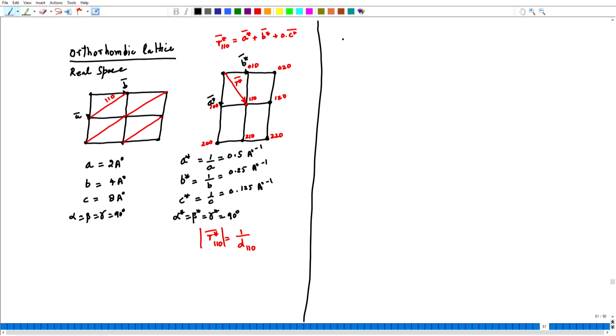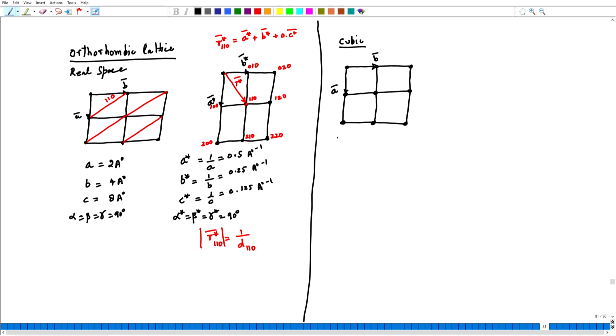Suppose I was looking at a primitive cubic lattice. Again I have lattice points at the corners, and this is my vector A, my vector B, and this is a projection along the C axis.